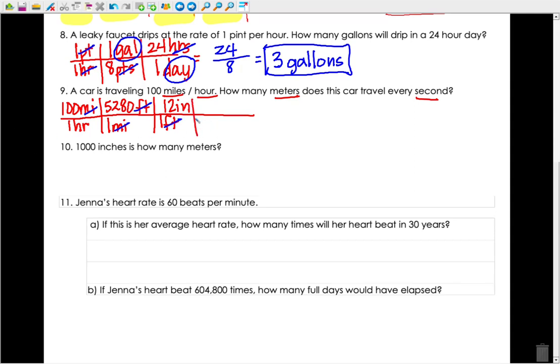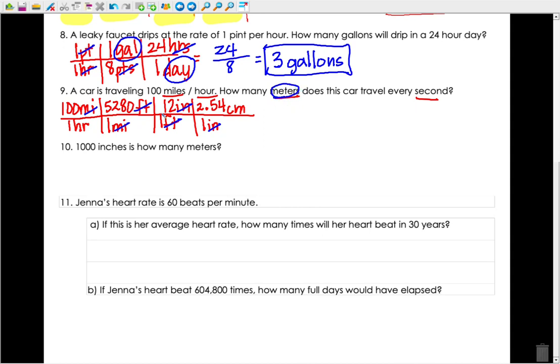And now here's where I'm crossing over to metrics, because I know that 1 inch is 2.54 centimeters. Cross out your inches. And now I'm at centimeters, but I want to go to meters.